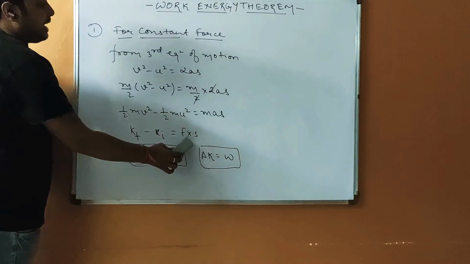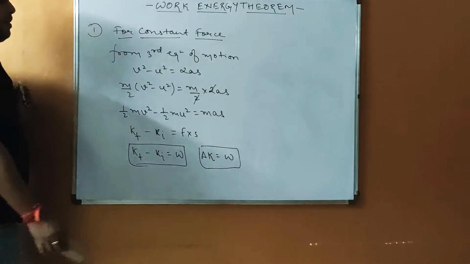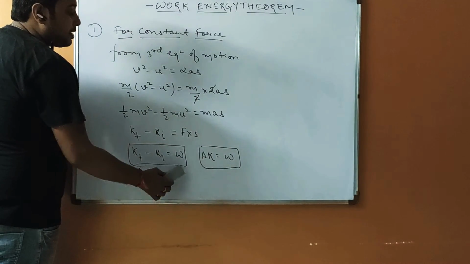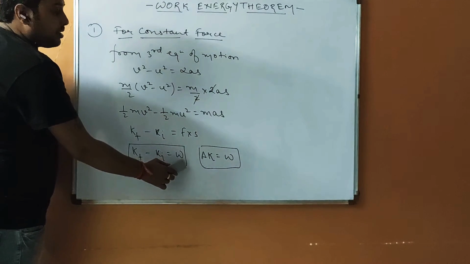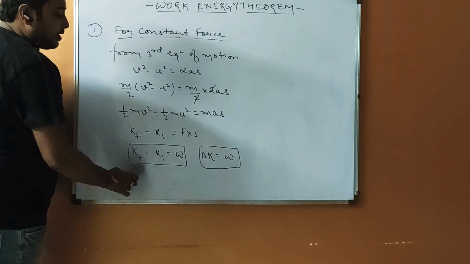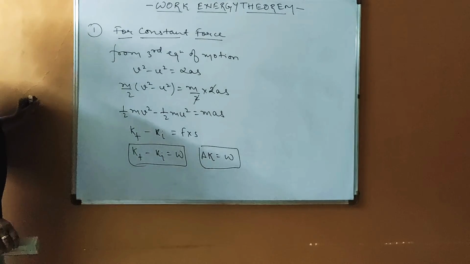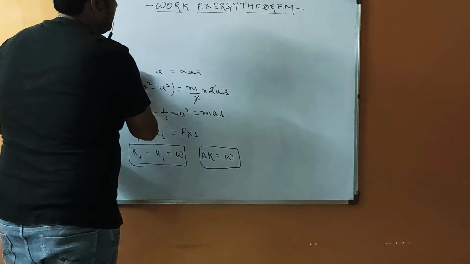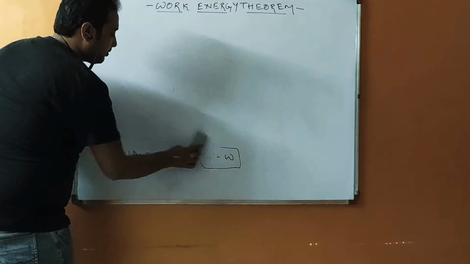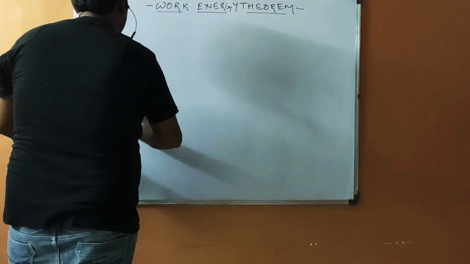In place of ma, I have written force, F is equal to ma, and force into displacement can be written as work done. So the net work done on the body by the force is equal to the net change in the kinetic energy. This is the work energy theorem. This was for a constant force.